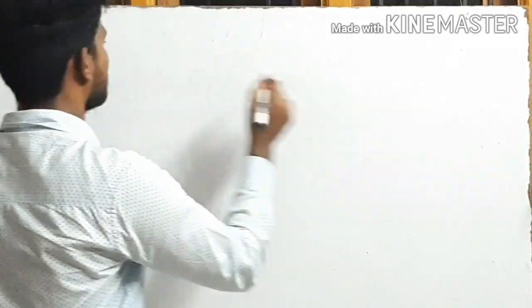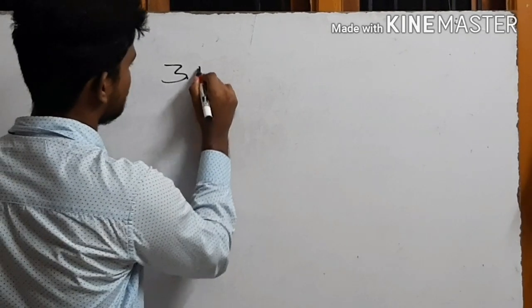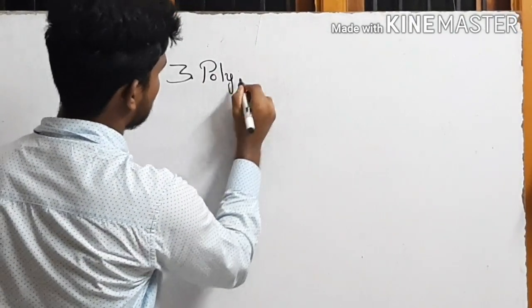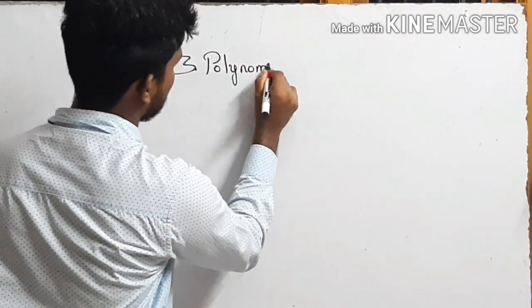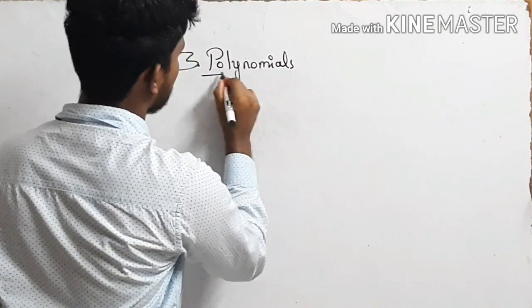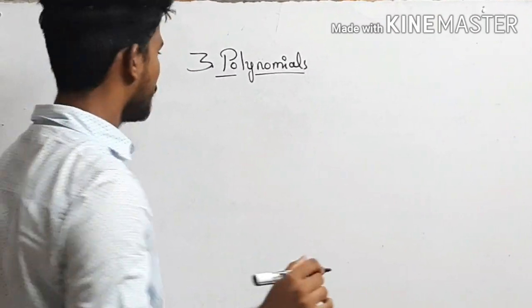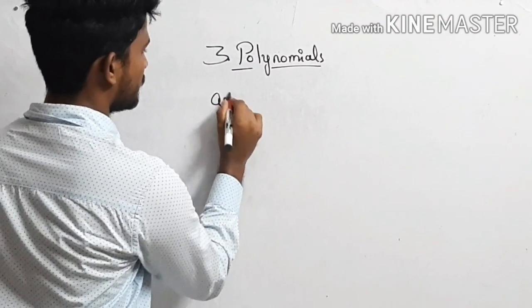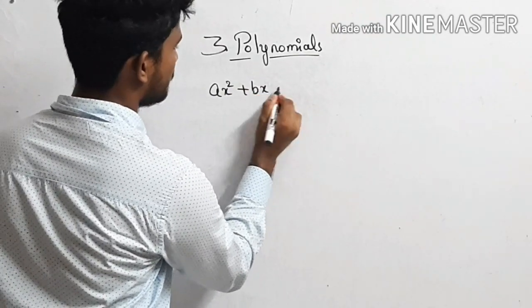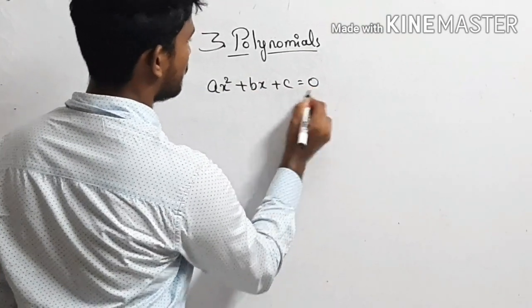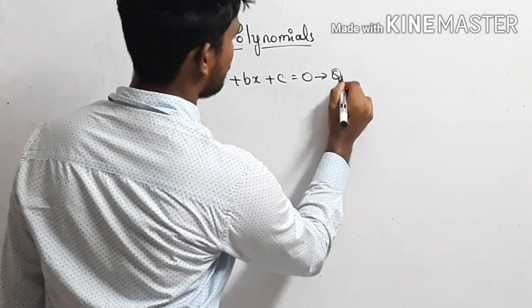Today we will discuss the third chapter of 10th class, that is polynomials. Generally a polynomial is in the form of ax square plus bx plus c equals 0. This is an ordered form.